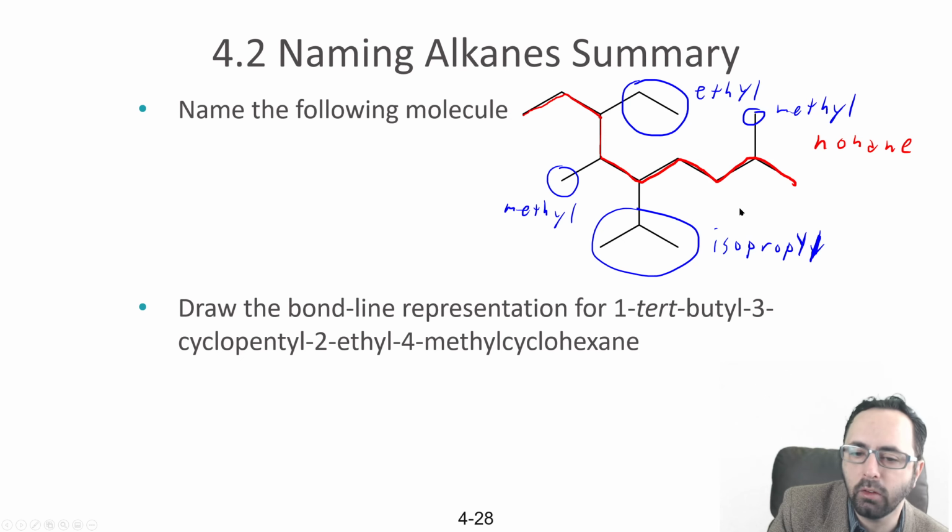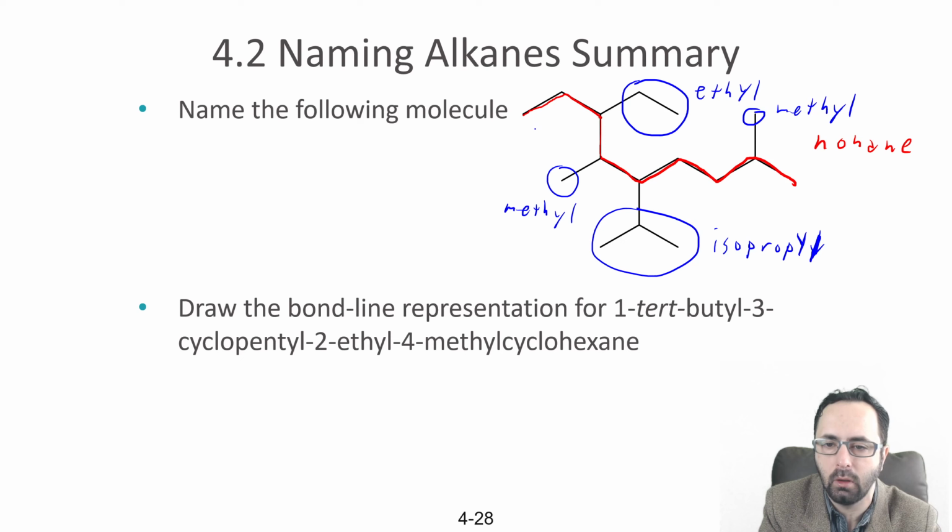So it will be preferable to number in this fashion from here, 1, 2. Oh, actually no. If you notice, we don't get to the first branch until carbon number 3 here.